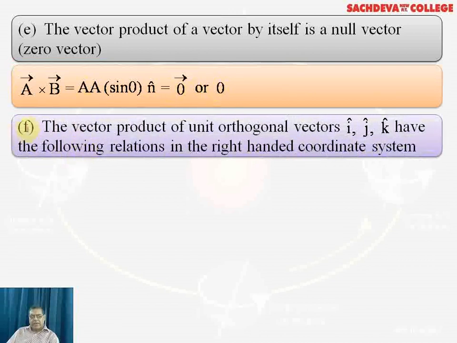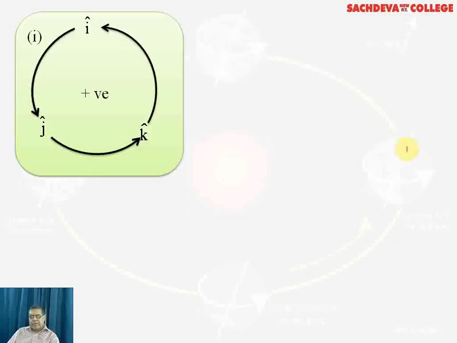Now we come to another property. The vector product of the unit orthogonal vectors I, J and K, that is, the unit vectors along the x-axis, y-axis and z-axis, have the following relations in the right-handed coordinate system.